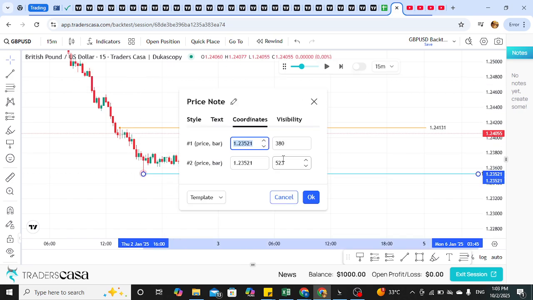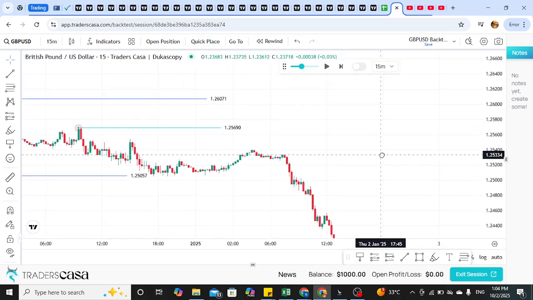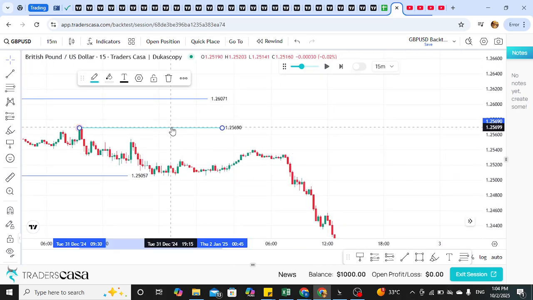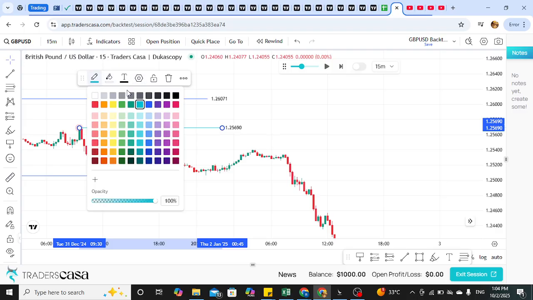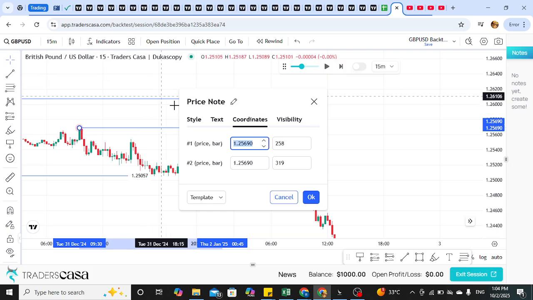Where does it end? It ends, let's take it to 550. Okay, and let's take this range and change its color. Oh, yes, this is the one. To 550. Okay.